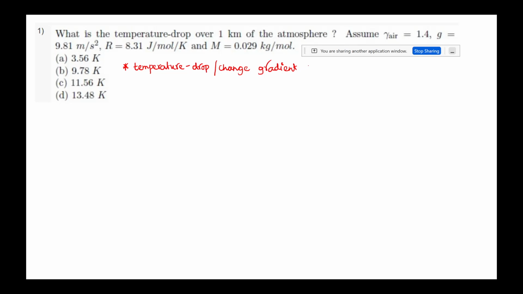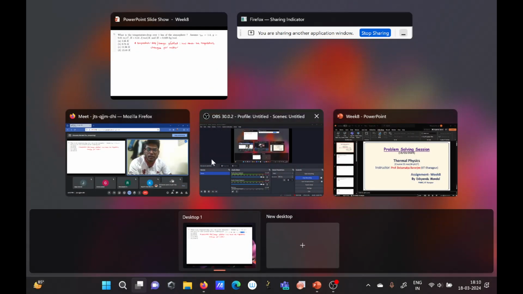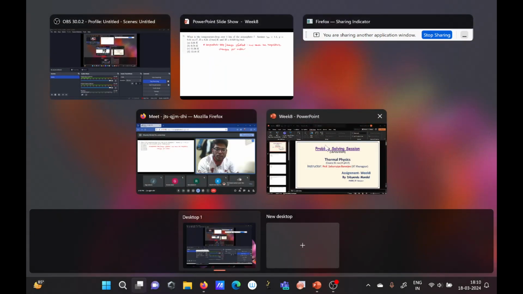So what does it mean? This temperature gradient is how much the temperature changes per meter. That we have to calculate.